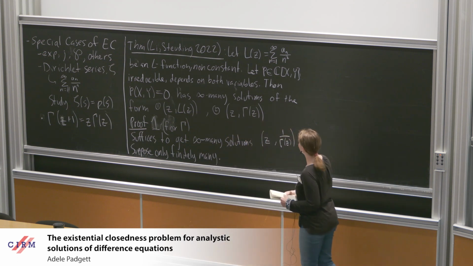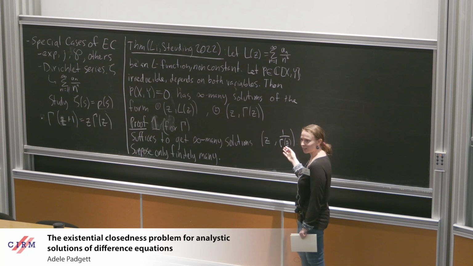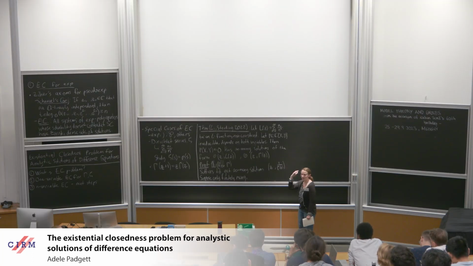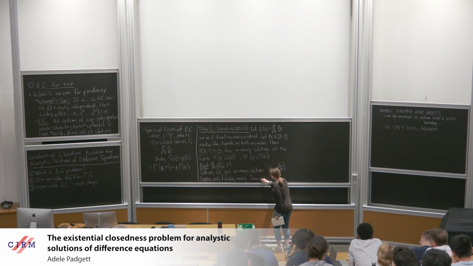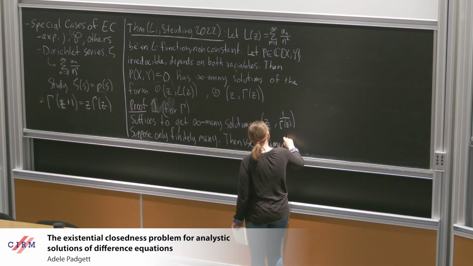Well, then, because 1 over gamma of z is entire, and it doesn't grow too fast, we can use Hadamard factorization.